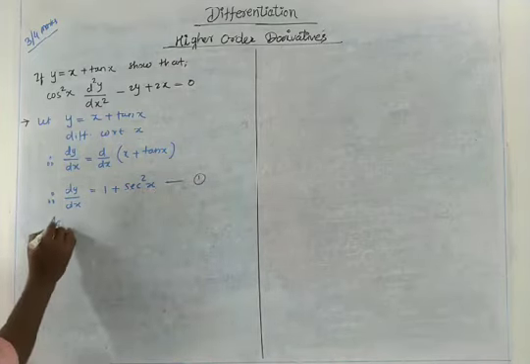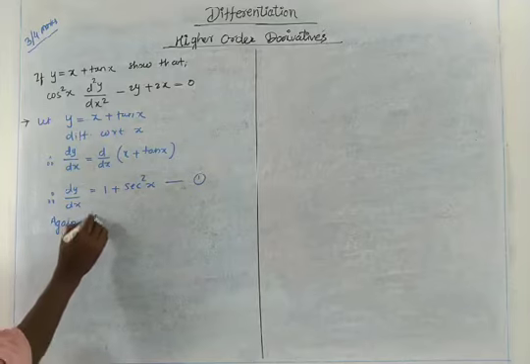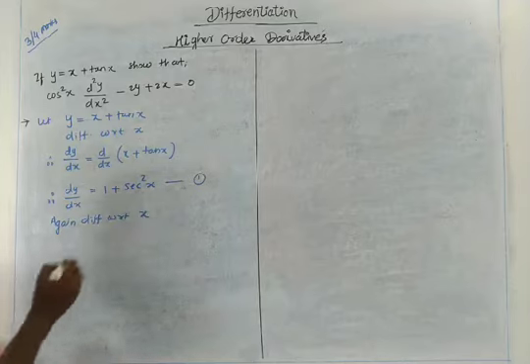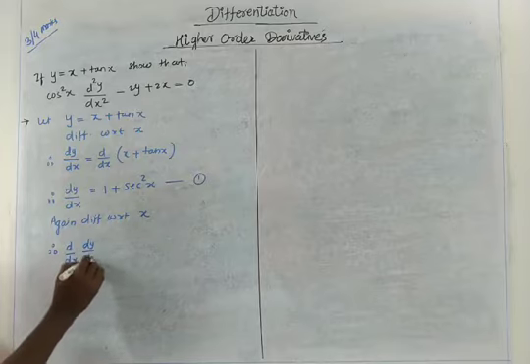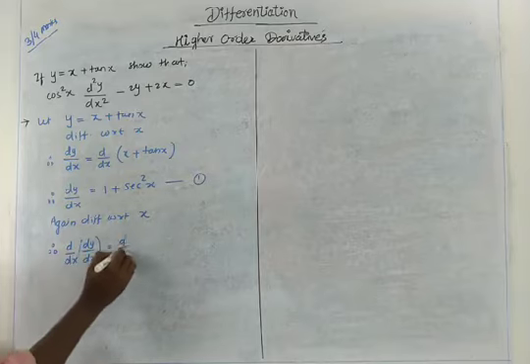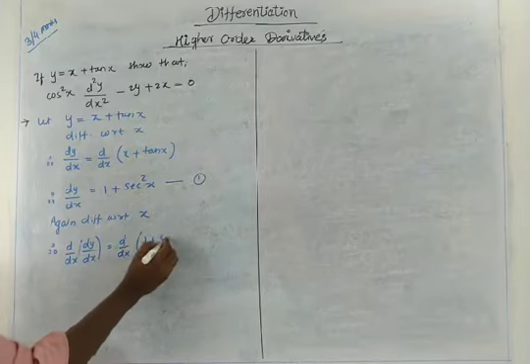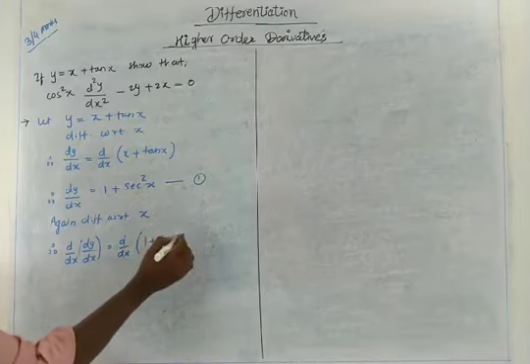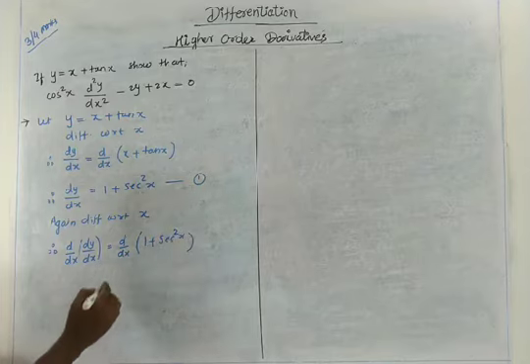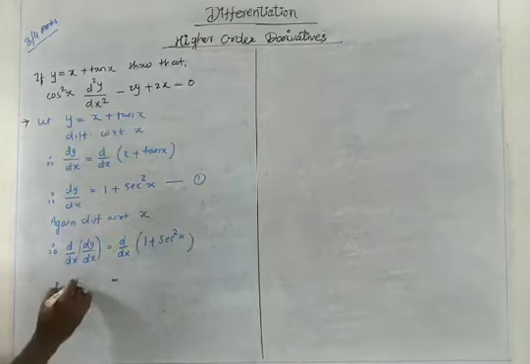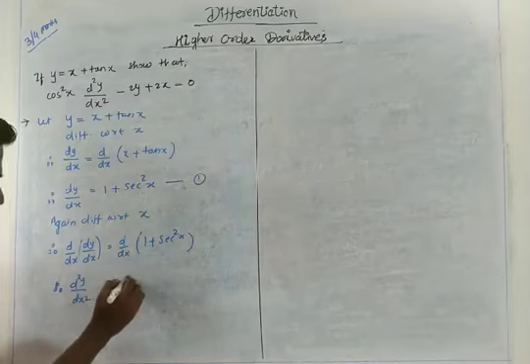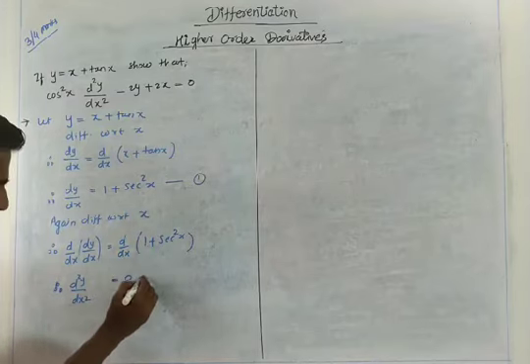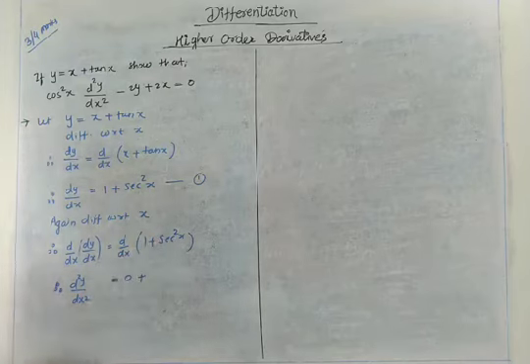Okay. Again differentiating with respect to x. Therefore, we will get d dx of dy by dx is equal to d dx of 1 plus sec square x. Therefore, d square y upon dx square is equal to derivative of 1 is 0 plus now derivative of sec square x.